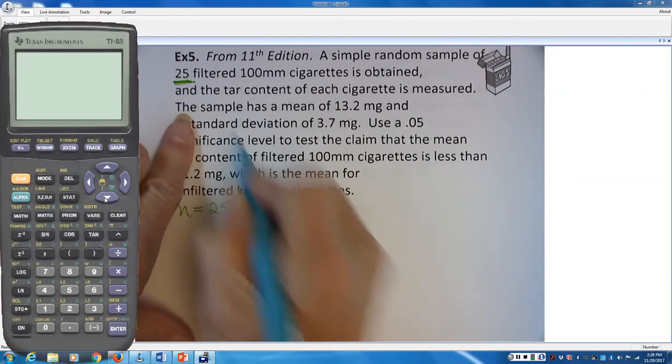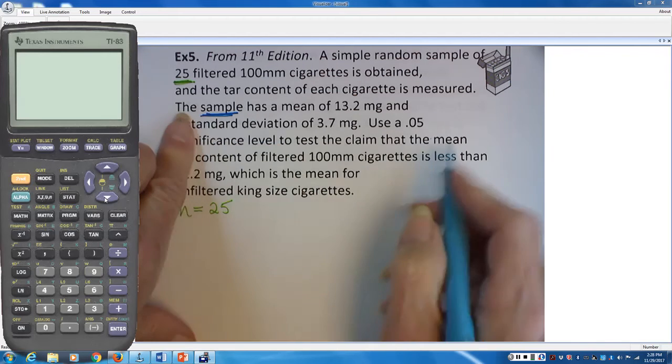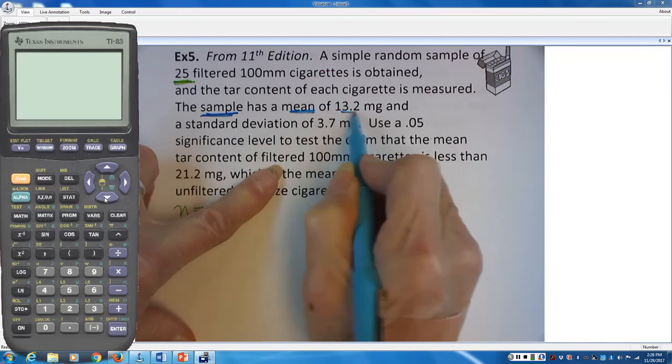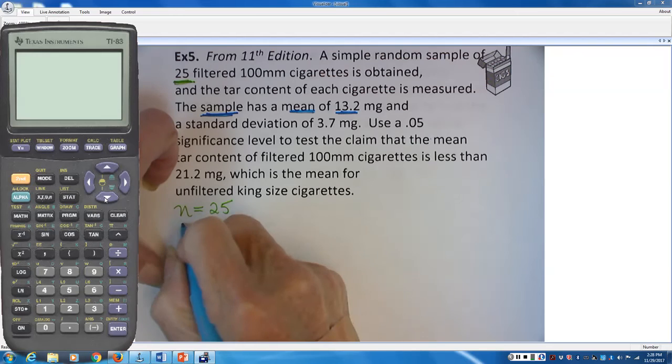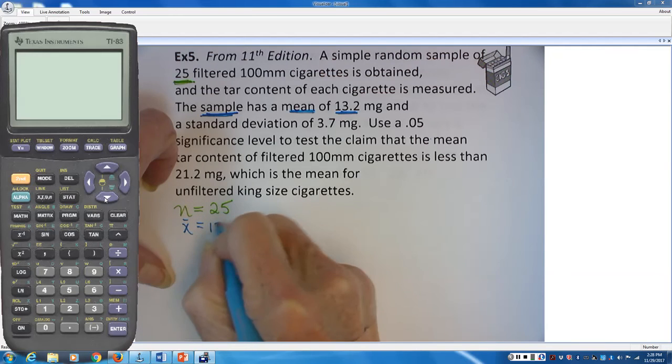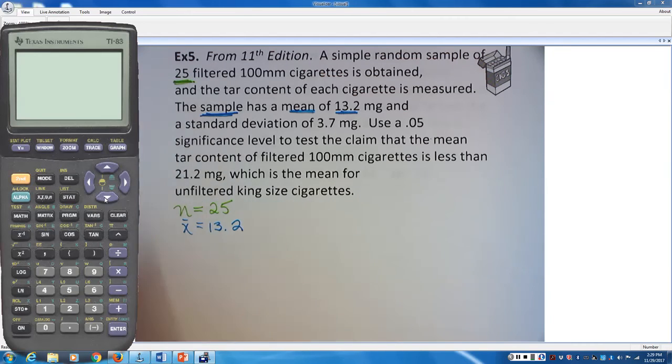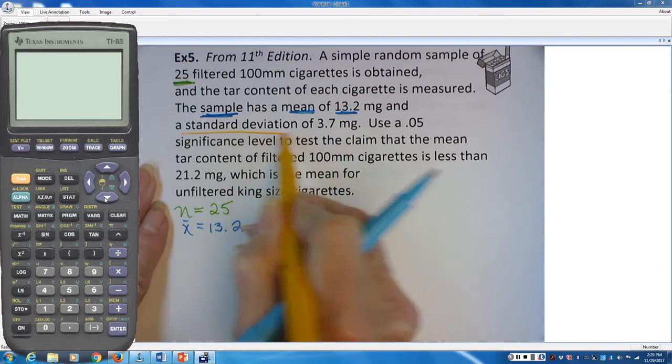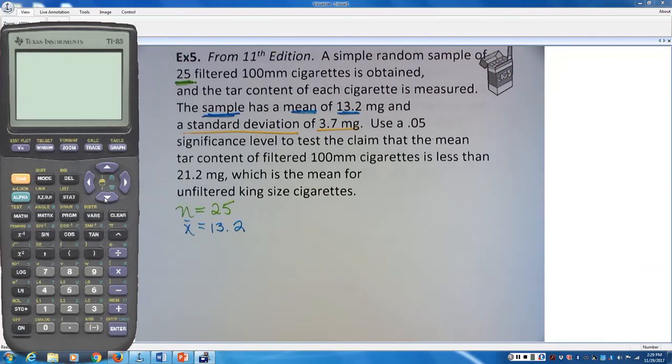The sample has a mean of 13.2 milligrams, and it has a standard deviation of 3.7 milligrams.